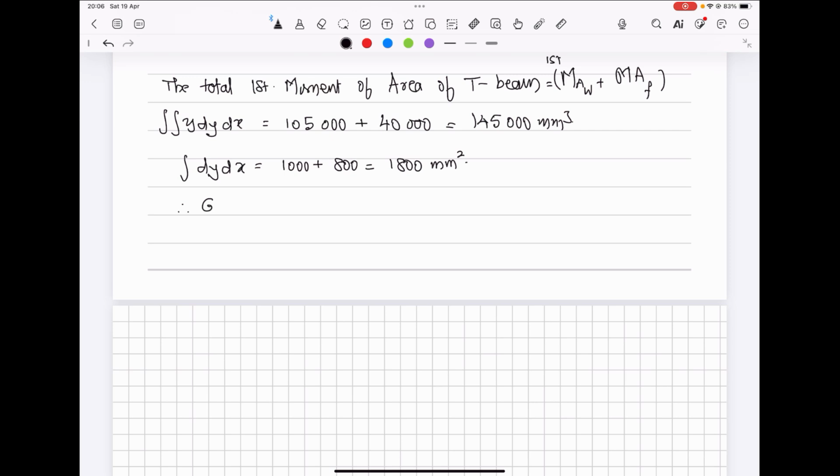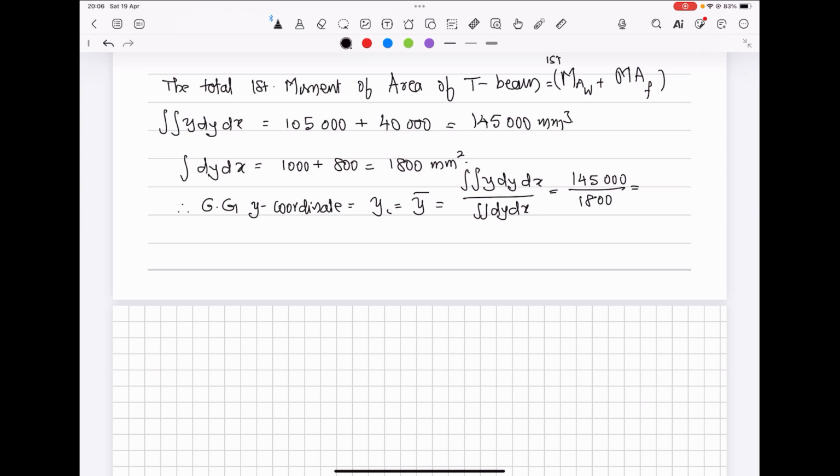Therefore, the center of gravity y coordinate is yc, which is y bar, equal to double integral y dy dx divided by double integral dy dx. That is equal to 145,000 divided by 1,800.